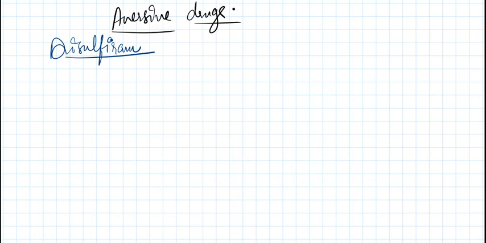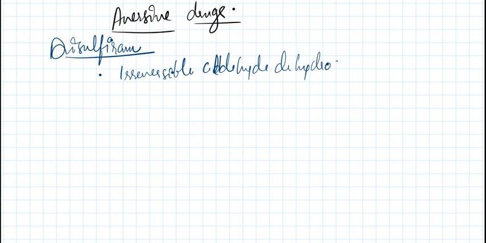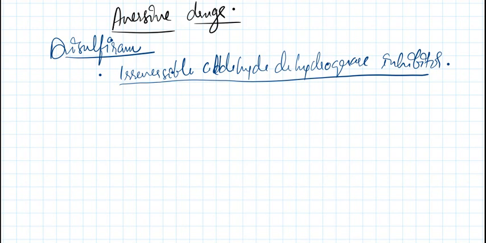Now what is disulfiram? It is an irreversible aldehyde dehydrogenase inhibitor. Very important, disulfiram. You might get a question in NEET PG on disulfiram.